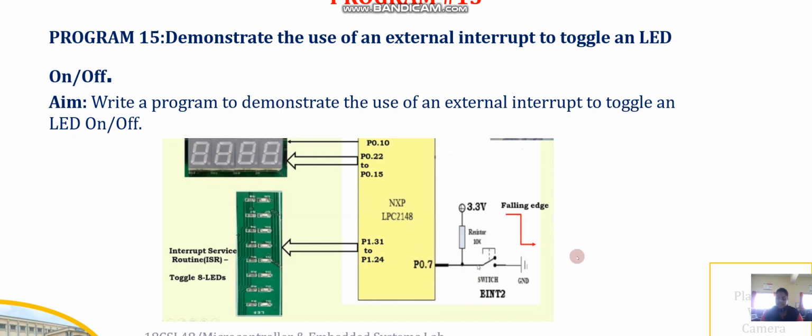Along with that, it is going to enable the falling edge, that is high to low, with the help of switches. With the switch it is going to show the falling edge, high to low, meaning the output goes from on to off. High is on, and low is off.